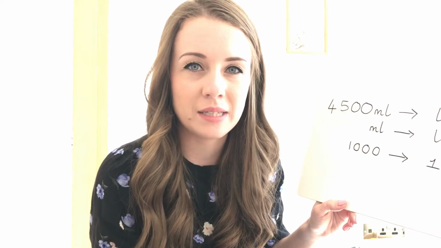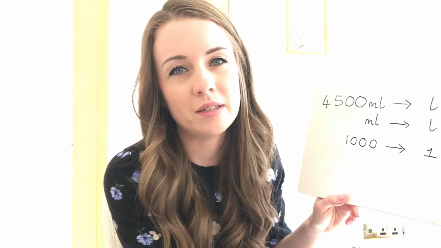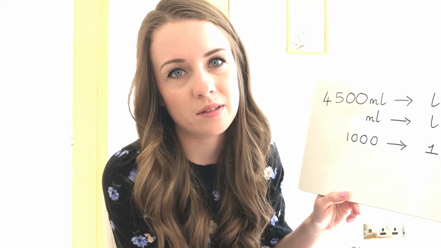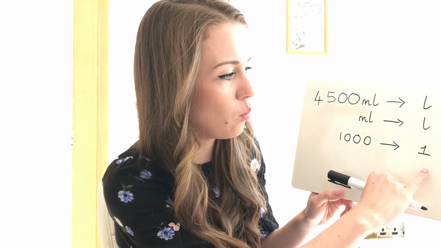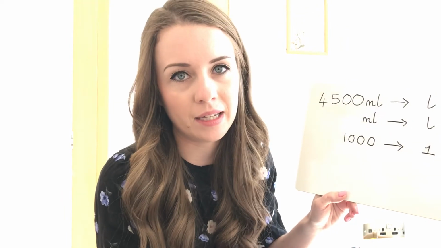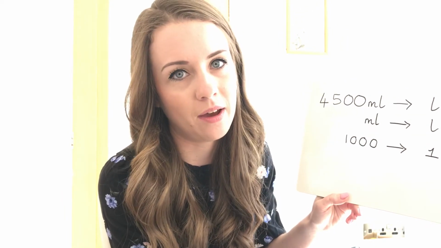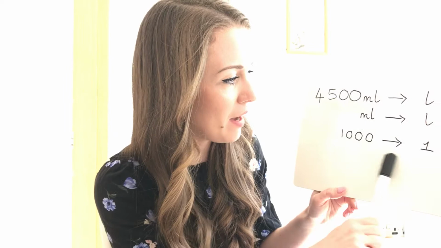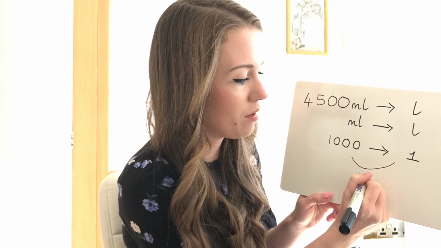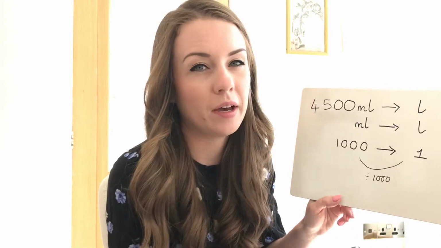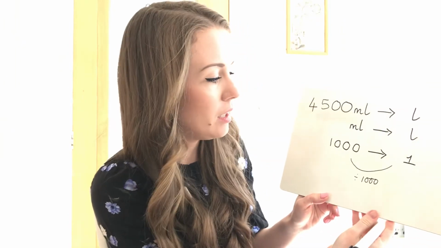They're the things that are going to help us when we're converting between different units of measurement. So how do I get from 1,000 to 1? Well, I know that I'm dividing because my number is getting smaller, and I can see that I'm dividing by 1,000 because it is getting 1,000 times smaller.